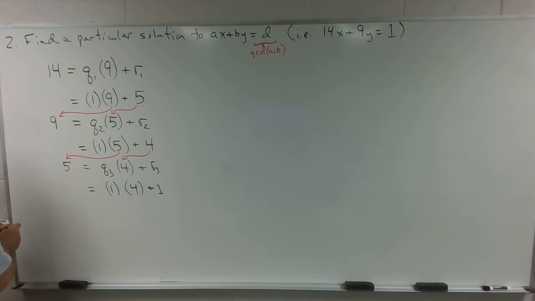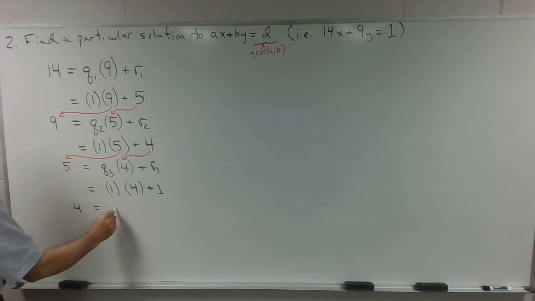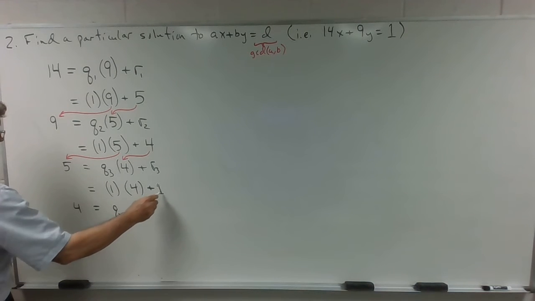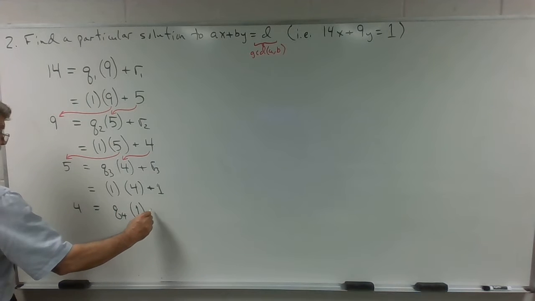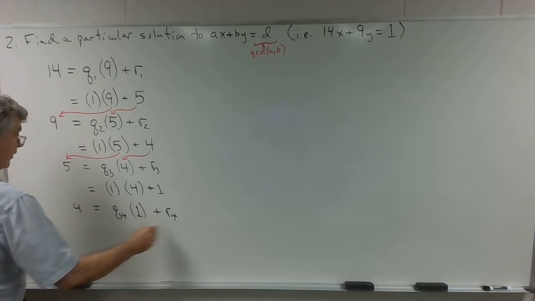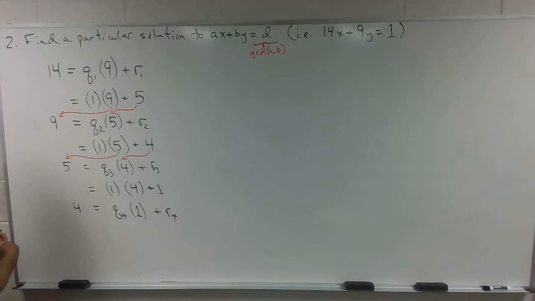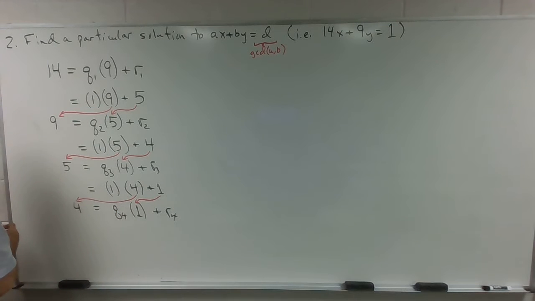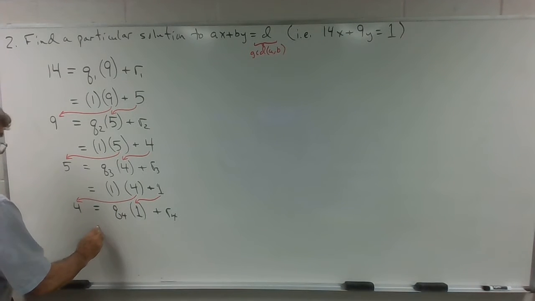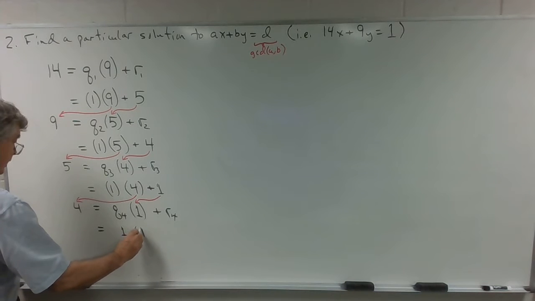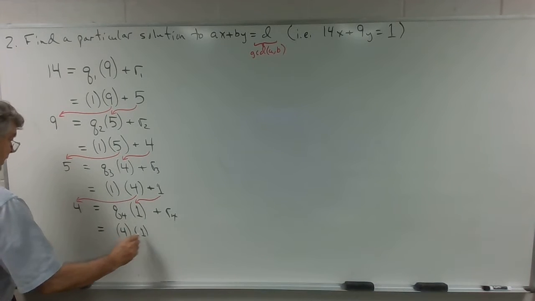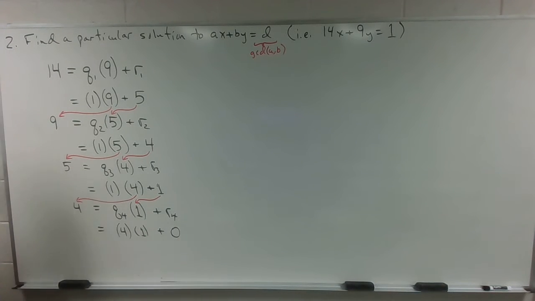So now again, the old divisor becomes the new dividend, and the old remainder becomes the new divisor. And here's what we have. 4 equals 4 times 1 plus a remainder of 0.